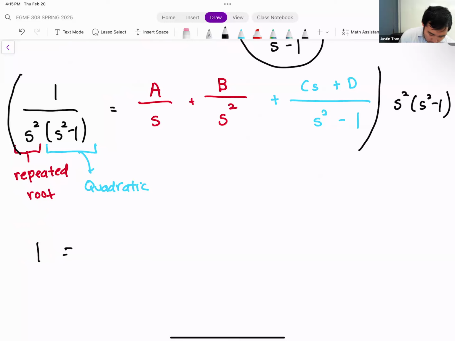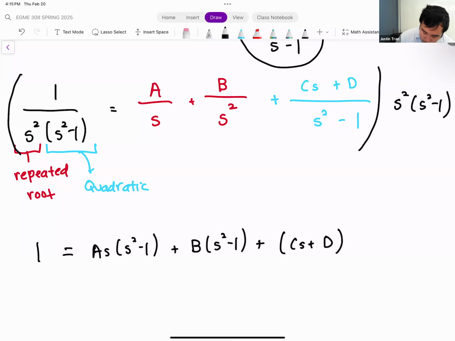If we do that, the 1 cancels out with all of the denominator on the left-hand side. On the right-hand side, we have A times s squared minus 1 plus B times s squared minus 1 plus cs plus d multiplied by s squared.